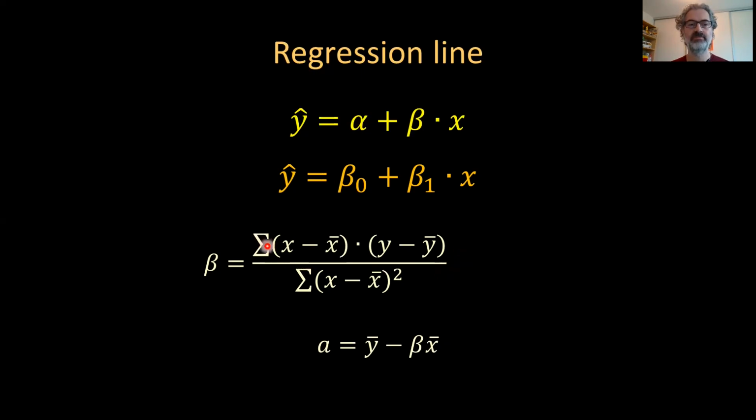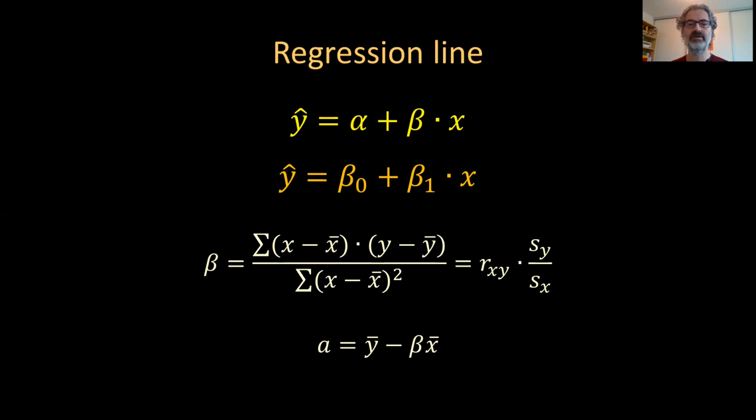So the sum of the products of the differences of the two variables from their means may remind you of the correlation. And in fact, the beta of simple linear regression is equal to the correlation between the two variables multiplied by the ratio of their standard deviations.